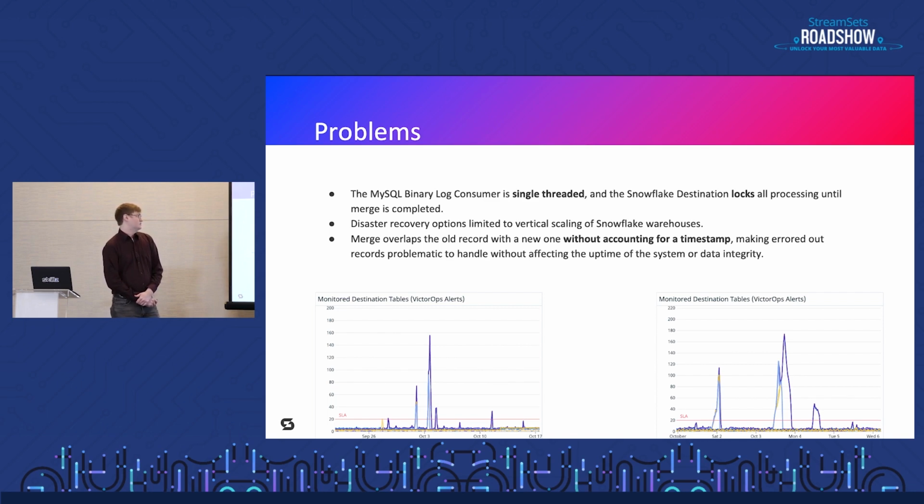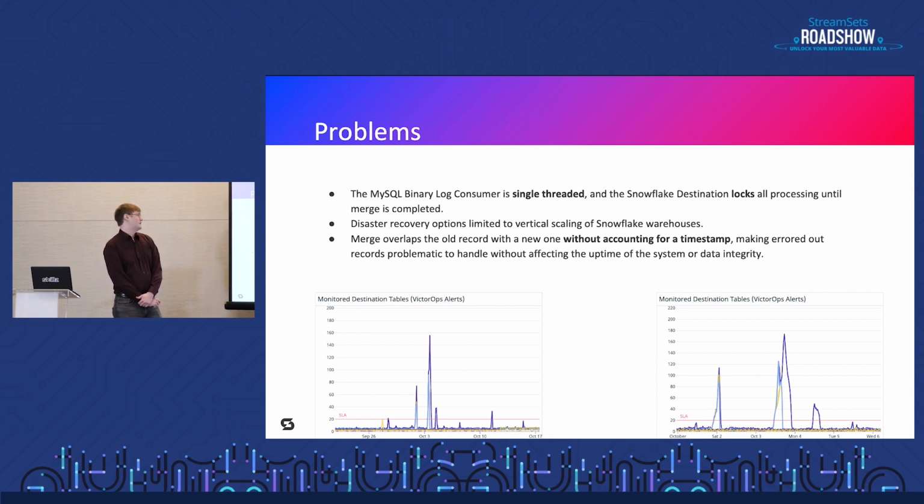The only option we had to fix that was going into Snowflake and vertically scaling up the warehouses, going from an XL to a 2XL or a 3XL, which ends up costing more money. Also, it's waking up engineers at night.